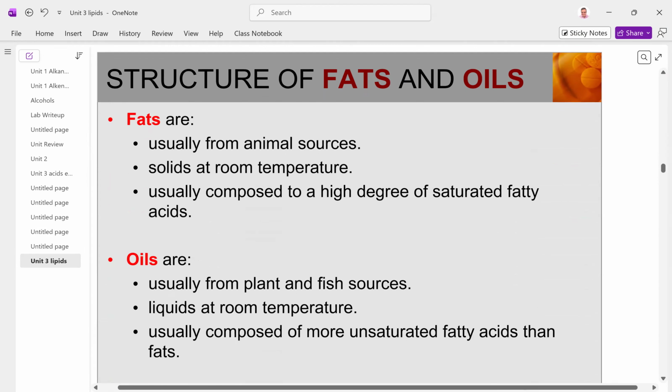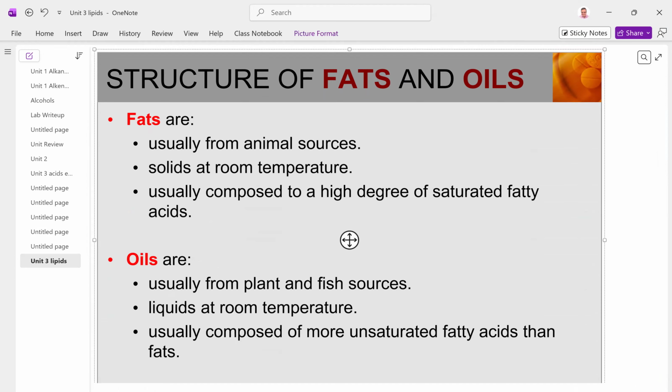Okay, so you've heard of fats and you've heard of oils. Fats are usually from animal sources.